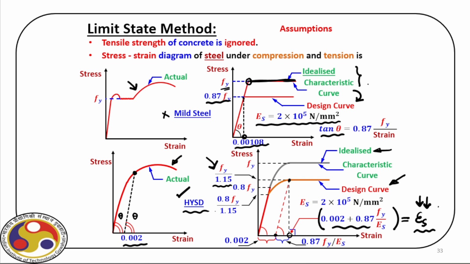So we'll try to ensure that the strain in the steel attains this value when we have respective concrete stress or concrete strain. That we'll see how we can manage in our formulation. But these are the two main things we will use in our estimation of sectional capacity.